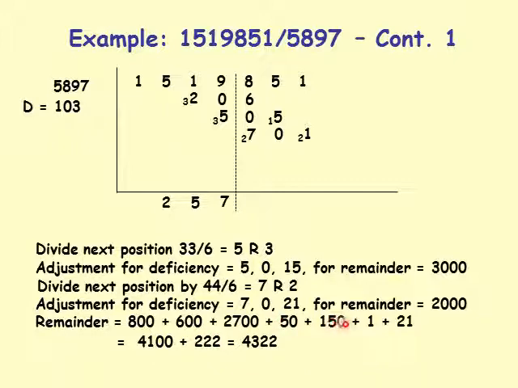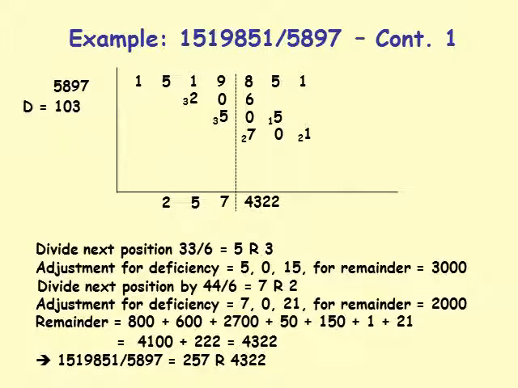So 50 plus 150 is 200, plus 22, 222. So it's 4322, and 4322 is less than 5897. So 4322 makes a proper fraction, and the answer is 257, remainder 4322.